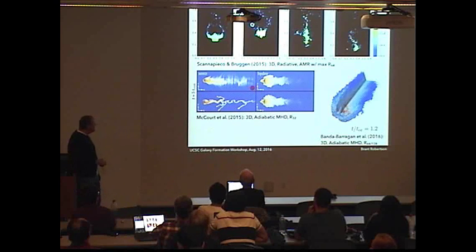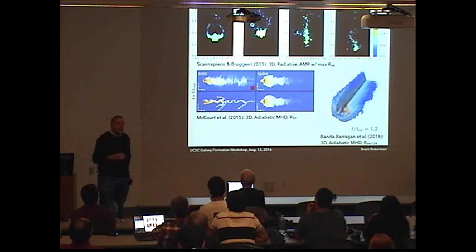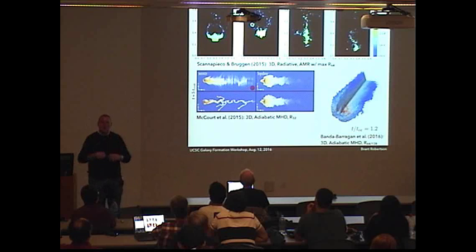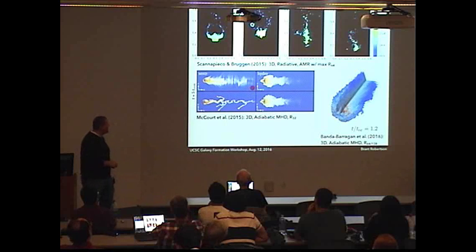You have this very nice work by McCord et al., people at Berkeley, looking at whether or not magnetic fields can help stabilize the cloud. And so when you're trying to put this very dense, comparably dense material at large radius, if you destroy that material through shearing instabilities, how do you get it out there? Well, one way you might be able to stabilize it through magnetic fields, and so that's very interesting work.